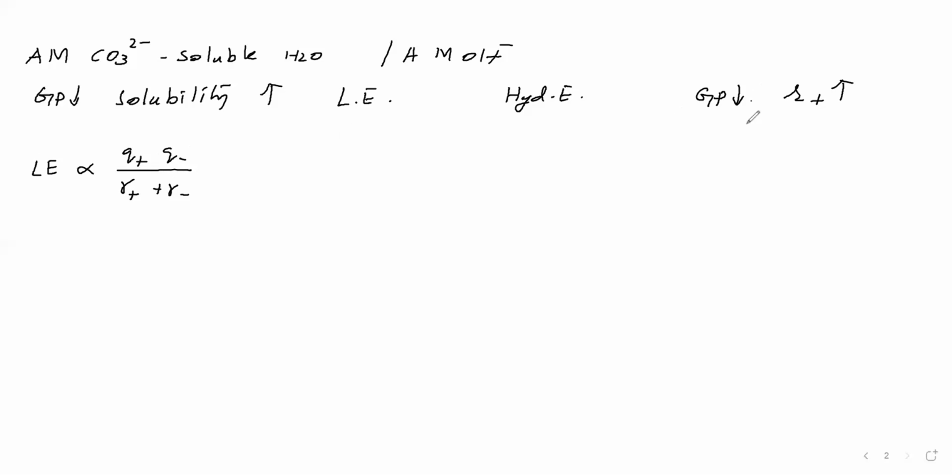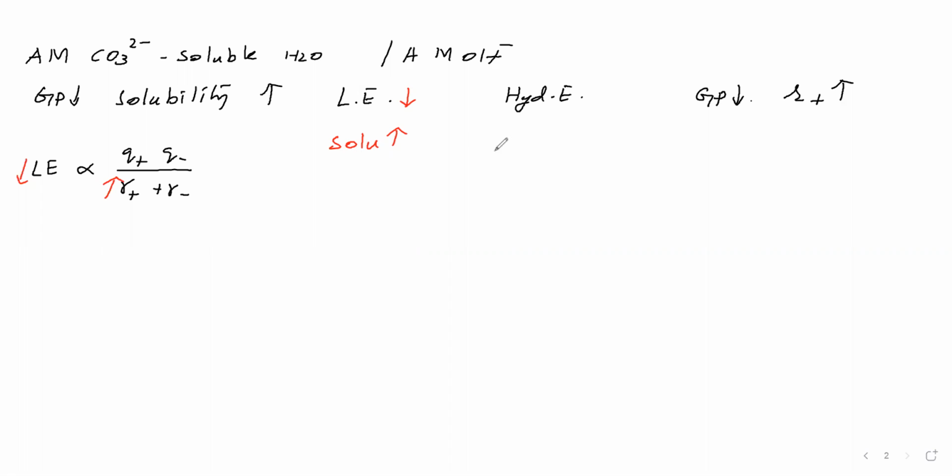Down the group, radius of cation increases. Therefore, lattice enthalpy decreases. Lattice enthalpy decreasing means solubility should increase, because lattice enthalpy is endothermic in the solubility case. As the magnitude of endothermic nature decreases, solubility will rise.